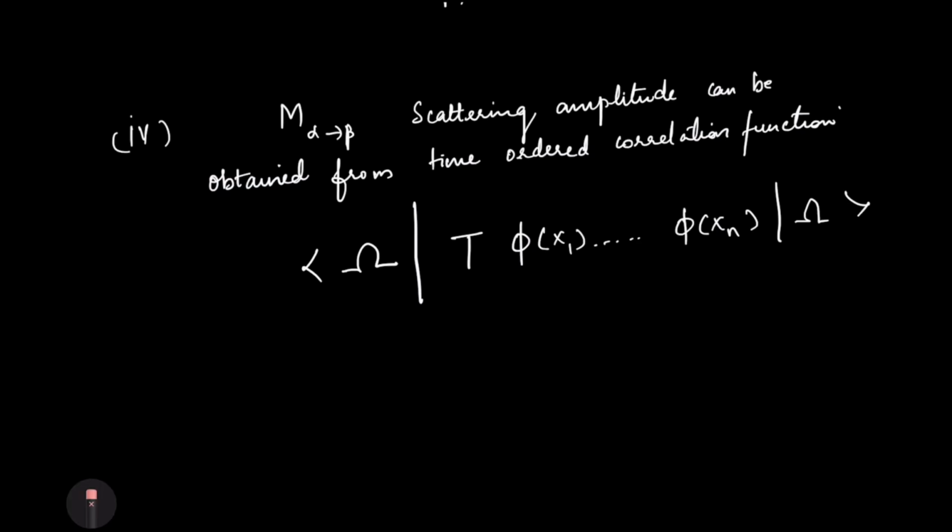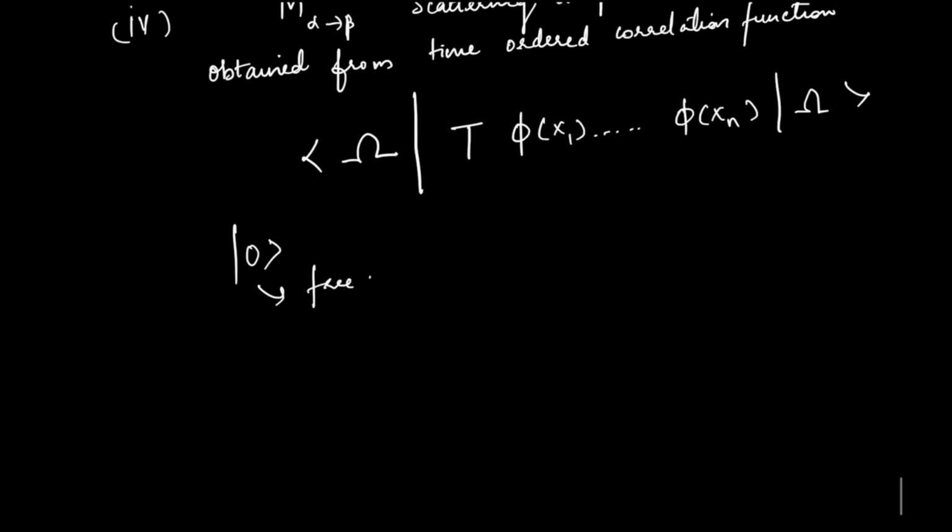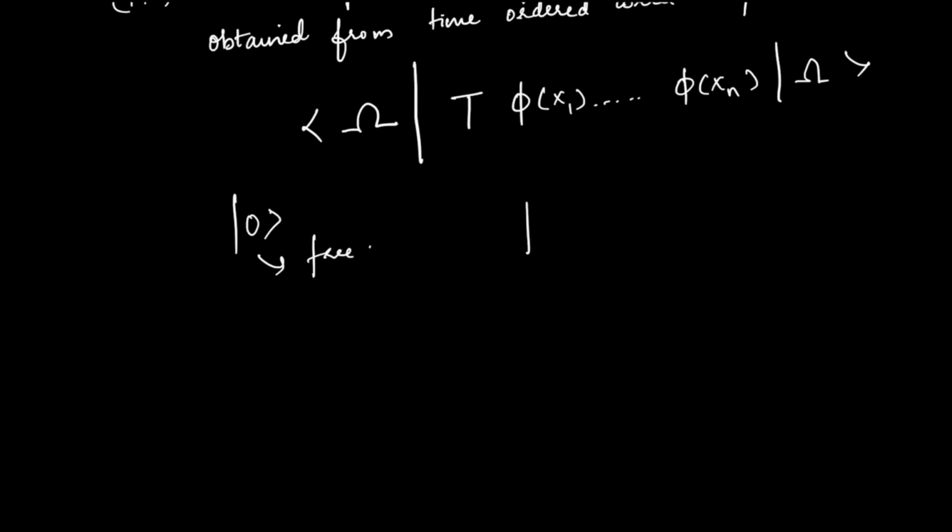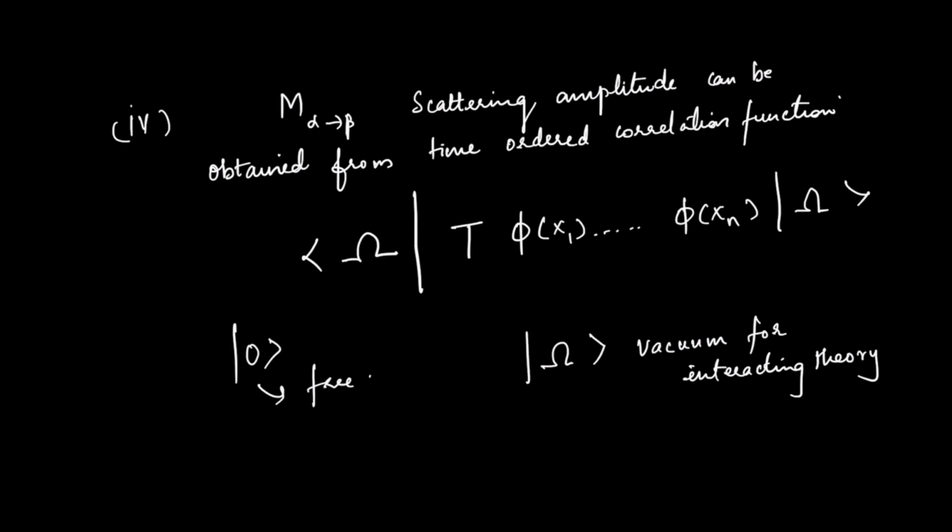So why am I representing omega here? Because the vacuum state you use for free theory, but here you are discussing the interacting theory. So this state omega is the vacuum state for the interacting theory. So the fourth property says that the scattering amplitude can be obtained from the time ordered correlation function, which is given by this.